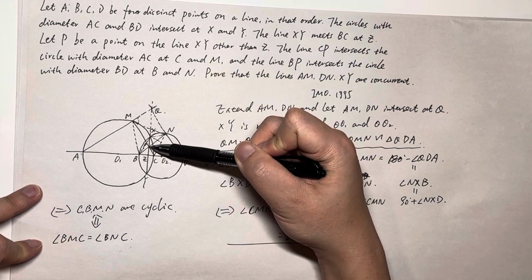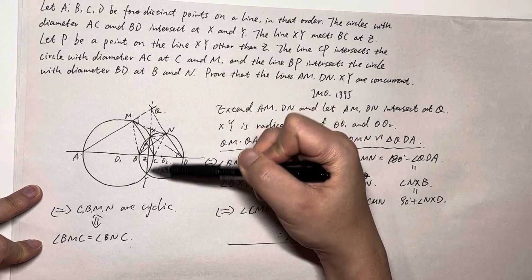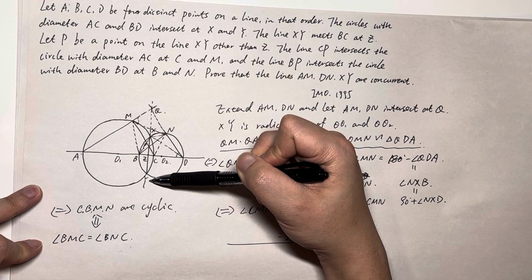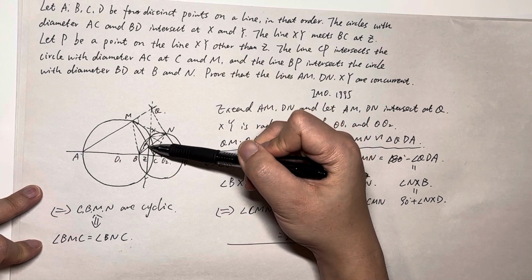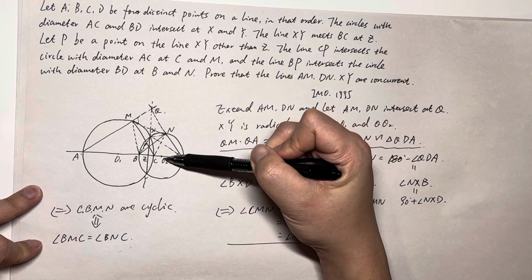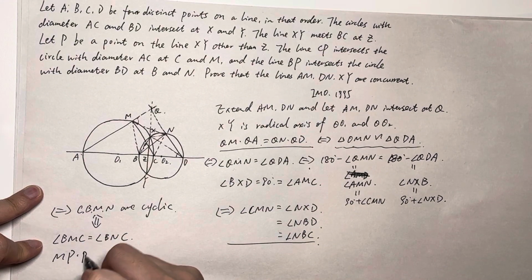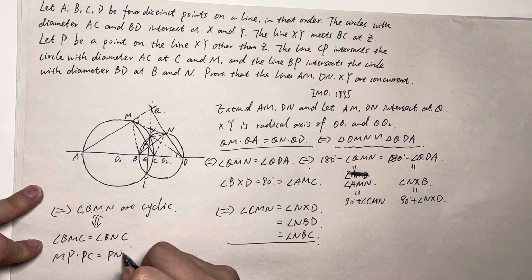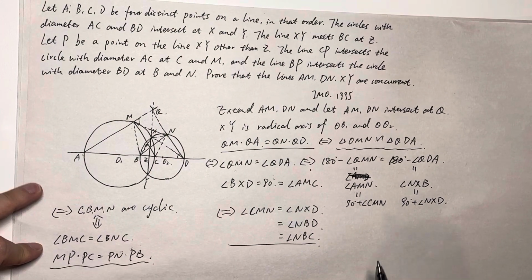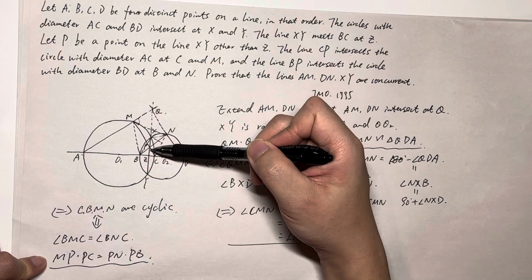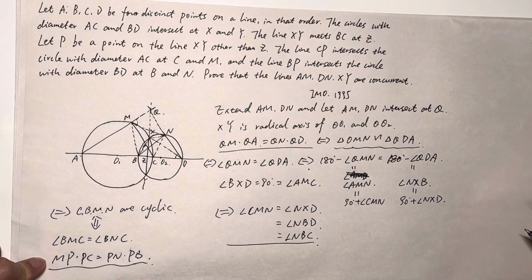Because P is a point on the radical axis XY, the power of P to circle O1 equals the power of P to circle O2, which means MP times PC equals PN times PB, right? This is a property of P being on the radical axis.